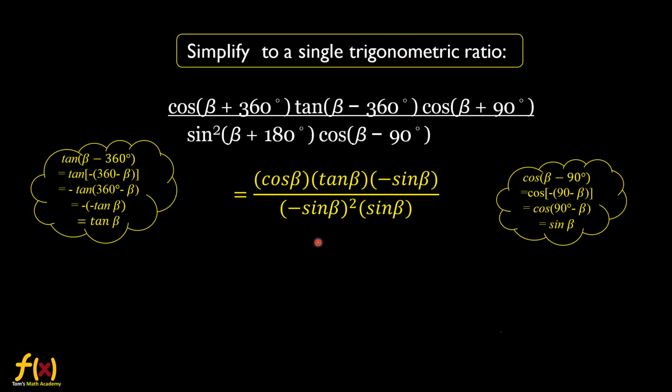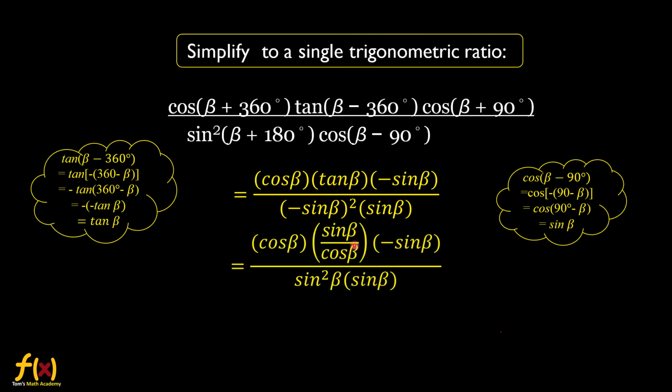So all these are good questions. Now we can simplify again. Tan beta, we will write as sine beta over cos beta. And then we can cancel if there is something. We can cancel this cos and cos. We multiply sine and sine will be sine square.